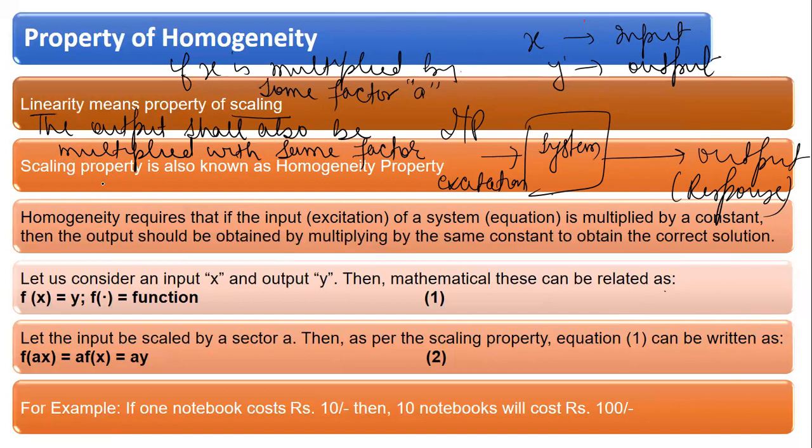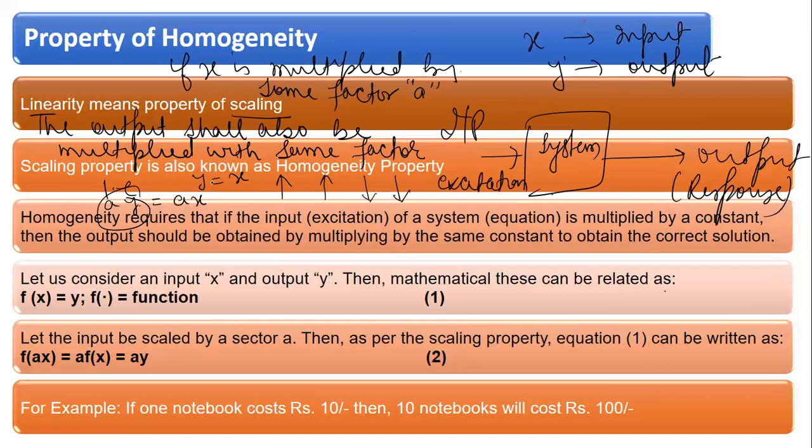That is, if y is equal to x and you multiply x with a, then y shall also be multiplied with the same factor. Means your output shall also increase with the same. If input increases with a certain value, output should also increase in the same proportion. If input decreases, output shall also decrease. This is what scaling or homogeneity property is.